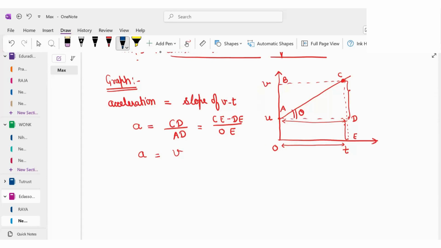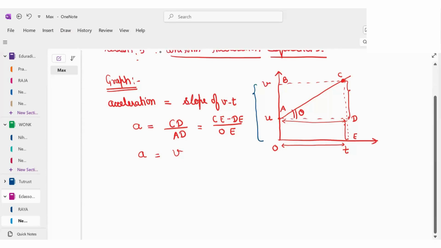I am saying CD becomes like this one, and then DE, it is like this one. Can we say U? And OE is T. Am I right? Can we write it as V minus U is equal to AT by cross multiplication?